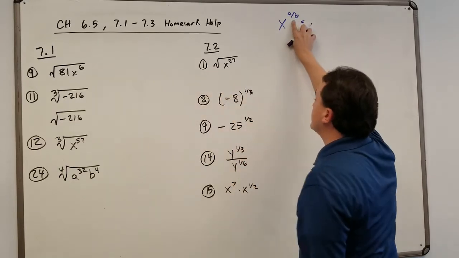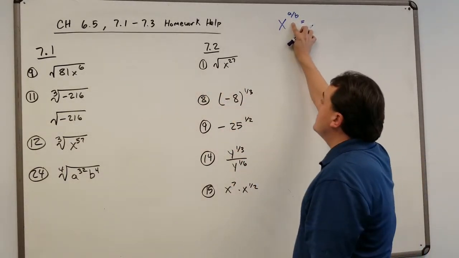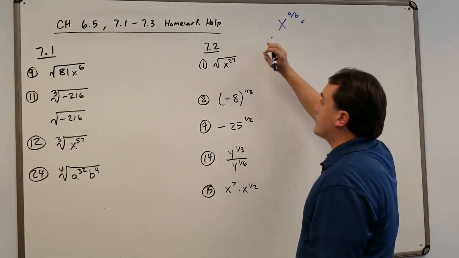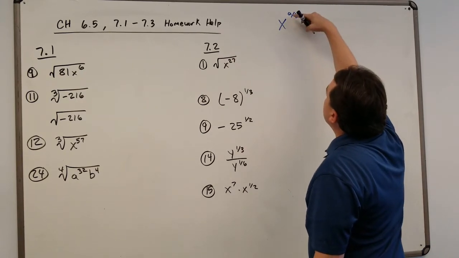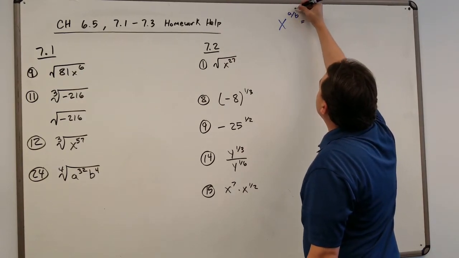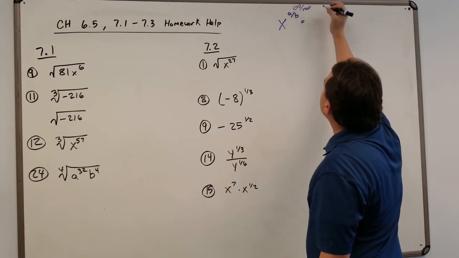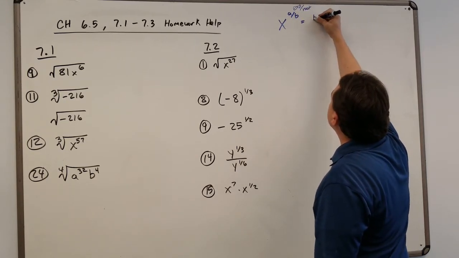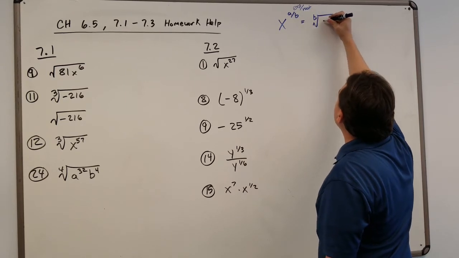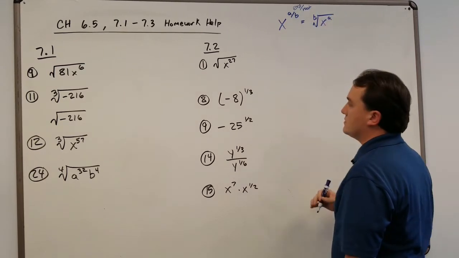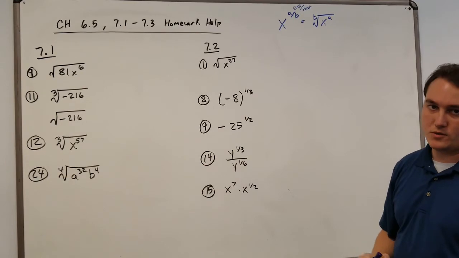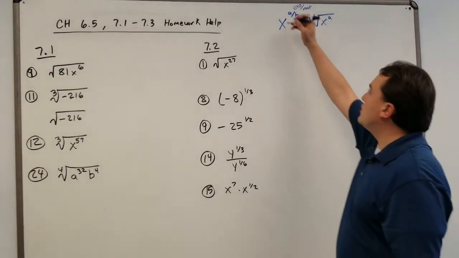So that's what a fraction exponent means. It means you have some kind of radical, okay? The top is the exponent, and the bottom is the root. So we have, say, the bth root of x to the a power. That's more in 7.2. So know this.